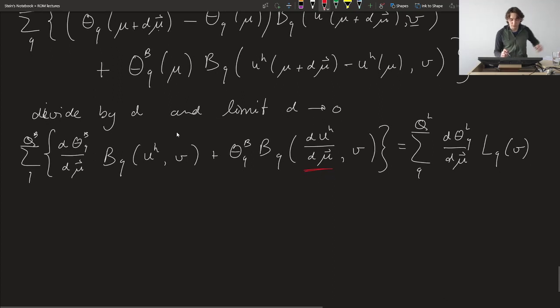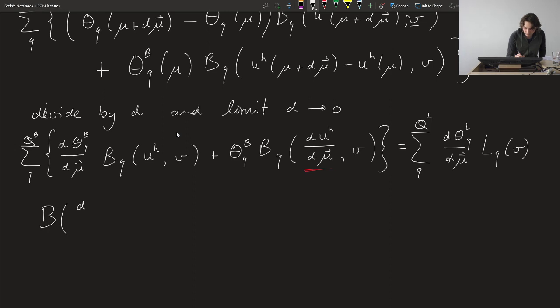Well, first of all, what I can do is see that the sum of all these theta times b q's is actually exactly defined to be the affine sum of the whole b, where now I have d u h. Let me maybe first write one line that says what I'm going to do just for narrative purposes. So I'm going to rewrite this equation, and additionally, I'll choose my test function, because again, this holds for all possible test functions.